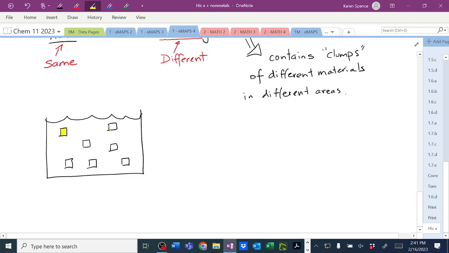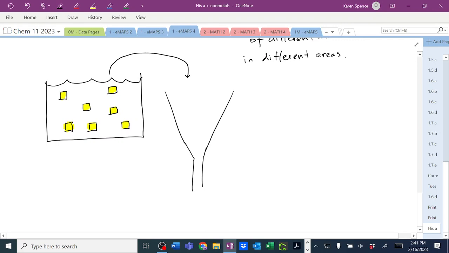Okay, because we're going to now take this suspension and do just what we did with it in the lab. We are going to take it and we are going to pour it into, what do you imagine that is? That is a funnel.